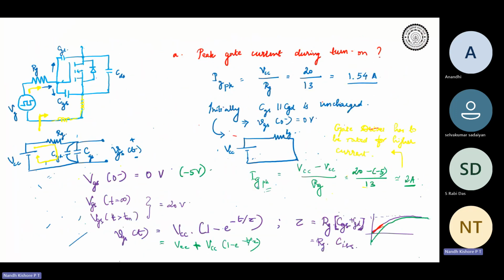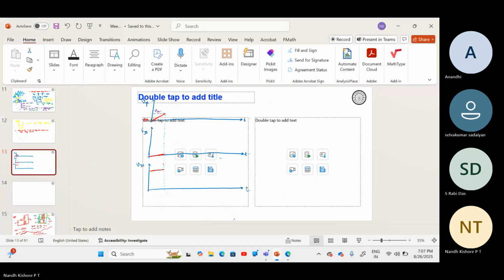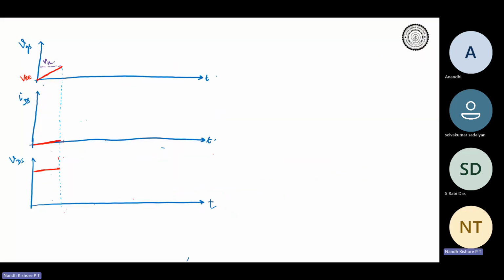So let's go back to the definition of the device operating characteristics. One is the well-known cutoff region.